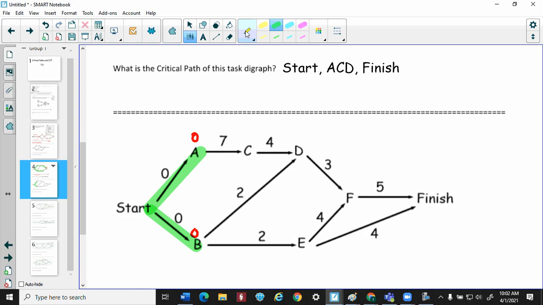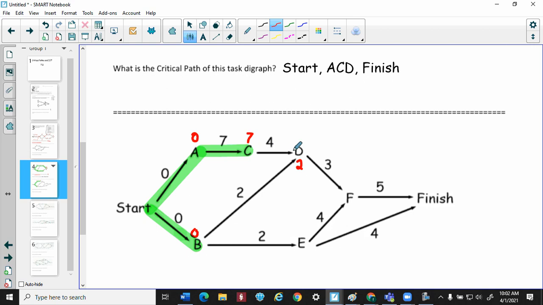All right, now let's look at C. A starts at 0, it's only pointing at C. C is going to have a start time of 7. We're going to highlight. Now let's look at D. Uh-oh, D's got 2 arrows pointing to it. So B can get to D in 2 days.